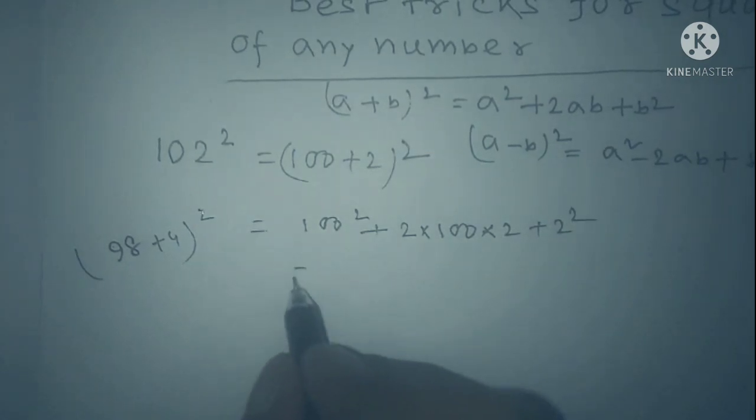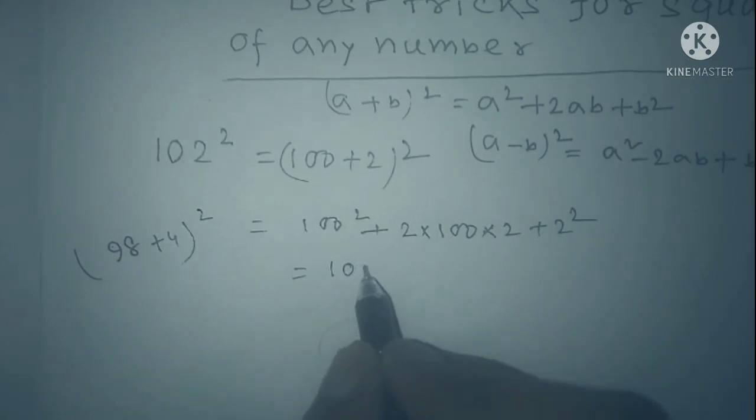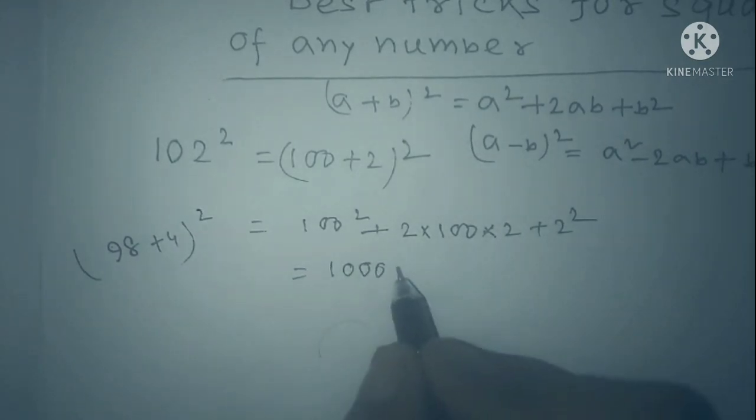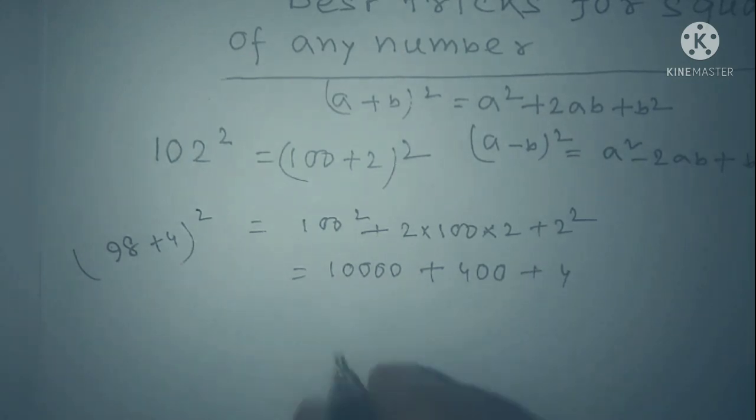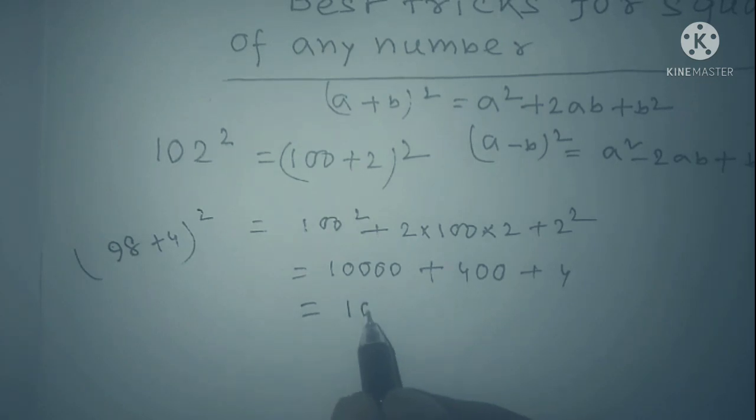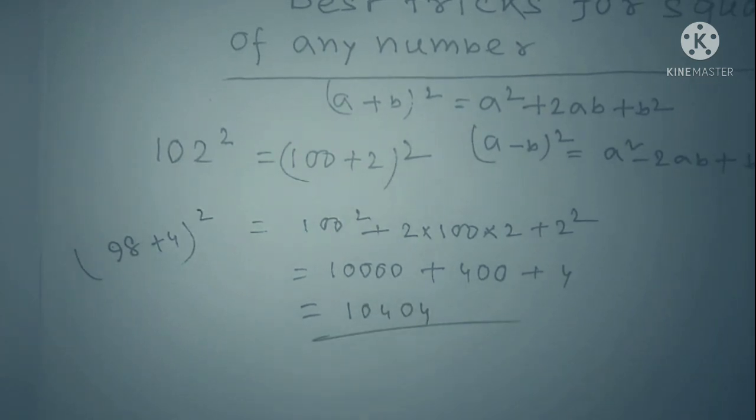If you calculate 100 square, you write 1 followed by four zeros, 10000. Then 2 into 100 into 2 is 400, and here is 4. So you add them, and you get 10404. Our answer is done. You can apply this formula to find the square of any number.